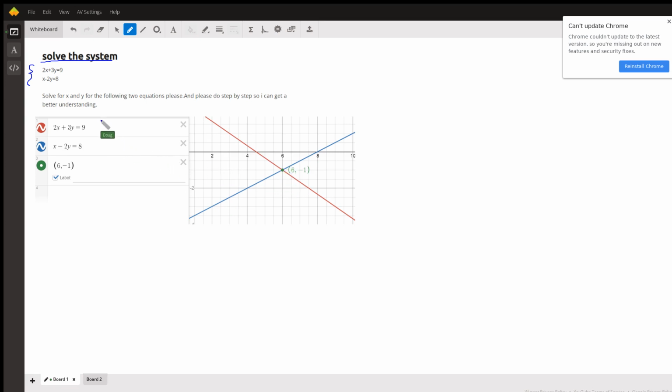But the solution to this system of two linear equations is x equals 6, y equals -1. That is the combination of x and y values that make both of these equations true.